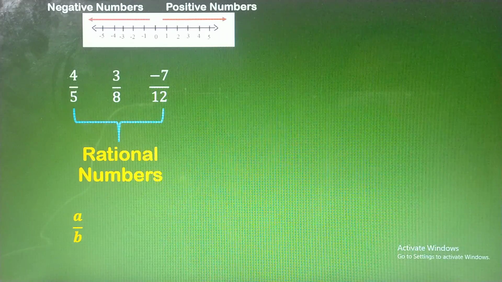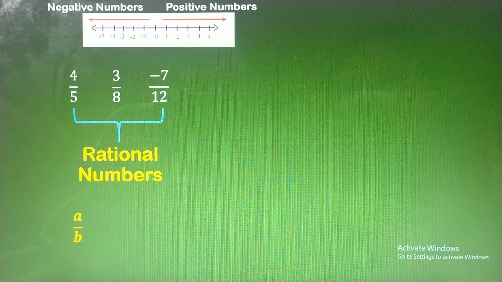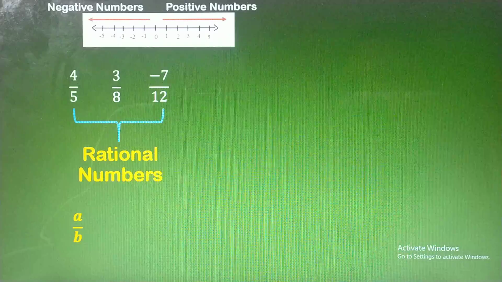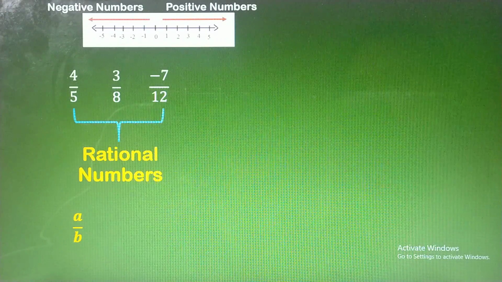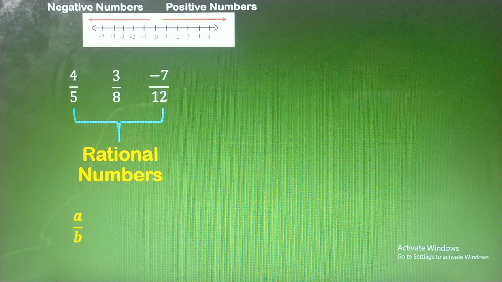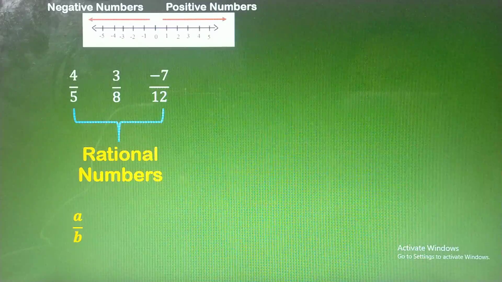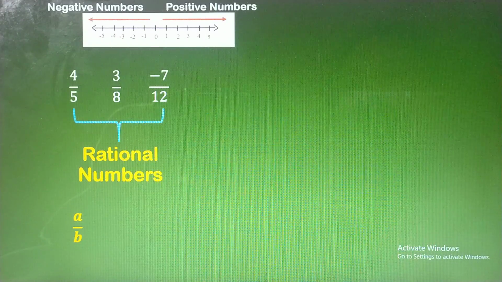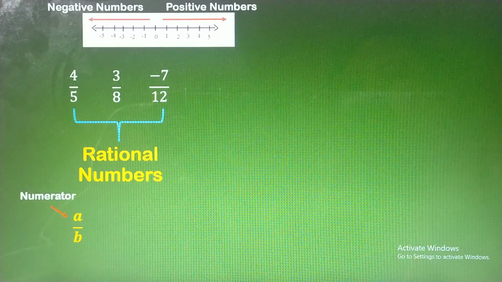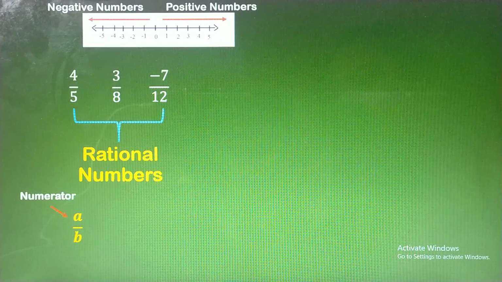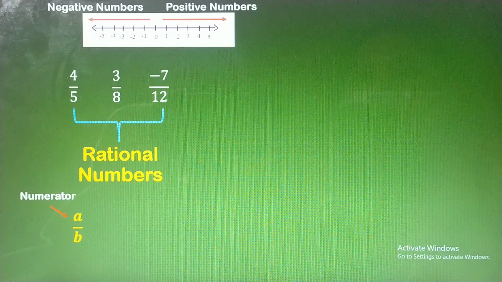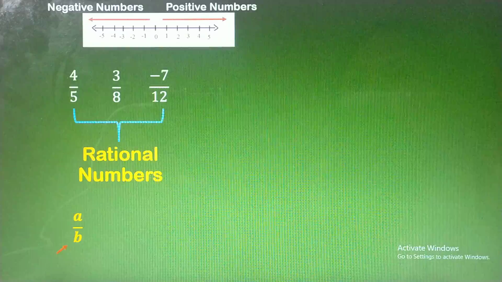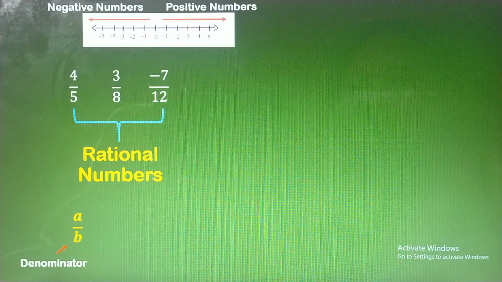So, A over B. Gamit muna tayo ng letters para i-illustrate natin si rational numbers at para maipakita natin yung kanyang characteristic at makilala pa natin siya. So, our A ay yung tinatawag na numerator. And yung letter B, that is our denominator.